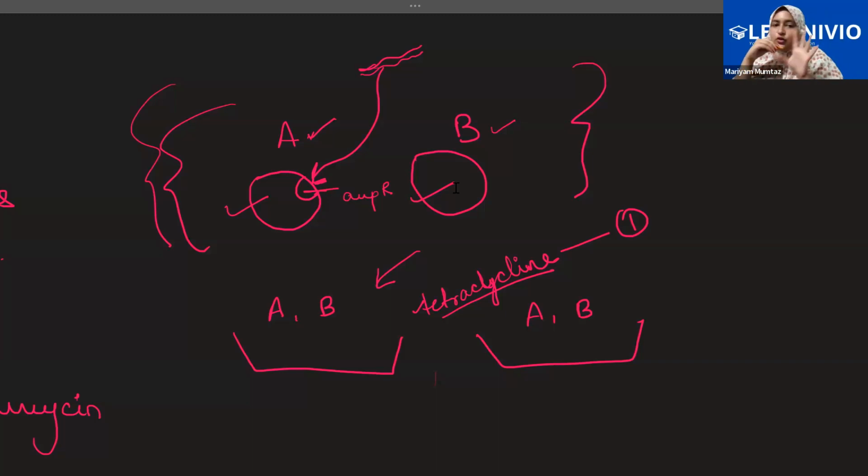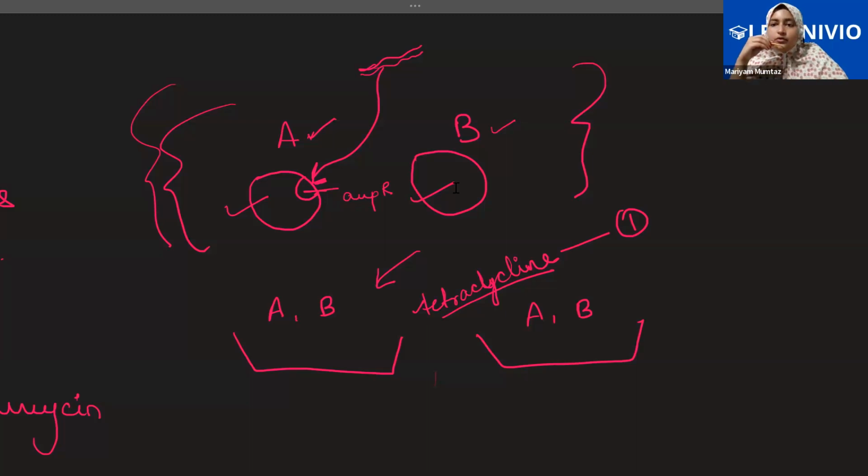I am saying no in the normal case. Okay, in the normal case, A and B, both the bacteria are resistant to all of the antibiotics. Ampicillin, chloramphenicol, you name it, they are resistant to it. Now, whenever I've put a new gene in one of the bacteria, so this bacteria loses the resistance to ampicillin.